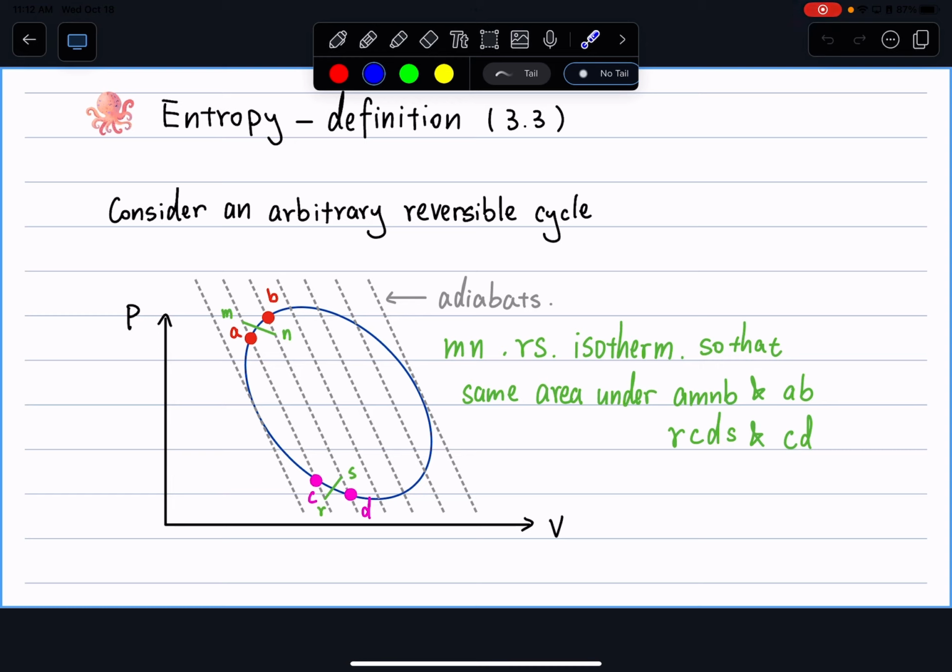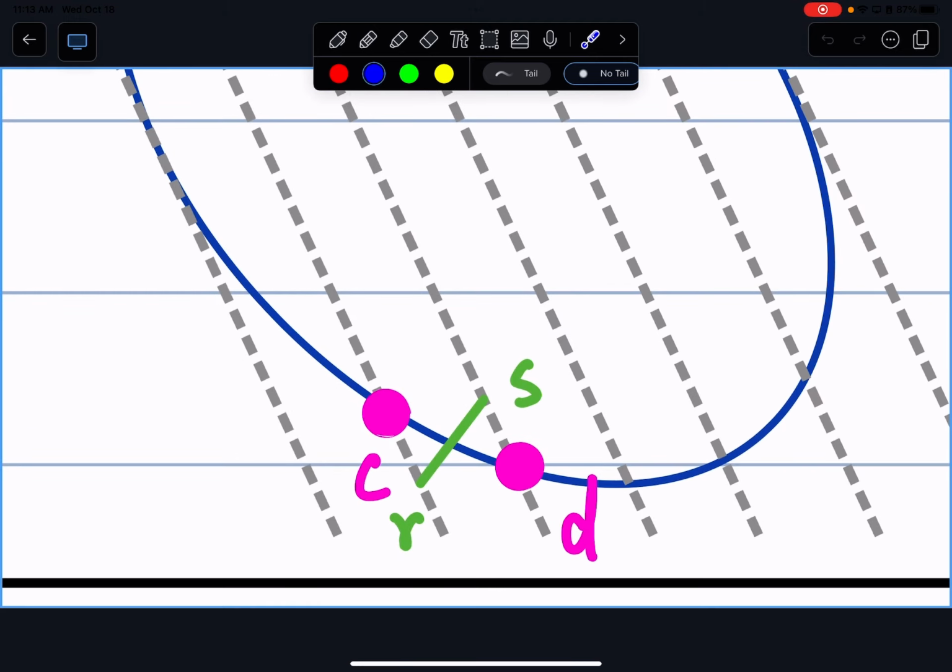So now we have an idea about what these Q relationships are for our ABCD or the MNRS process. And what about the temperature? For the temperature part, we have to use our calculus a little bit. If you look at this part, right now our RS isotherm doesn't have the same temperature as CD.